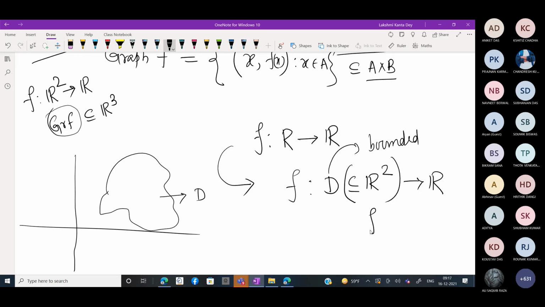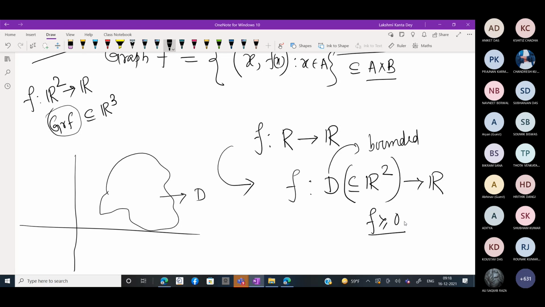And again, here also we assume that the function is non-negative. So what extension would we like to make? Initially we assumed the function is defined on a rectangular region. Now we assume that it can be any subset of R2, any region. It may not be a rectangular region.